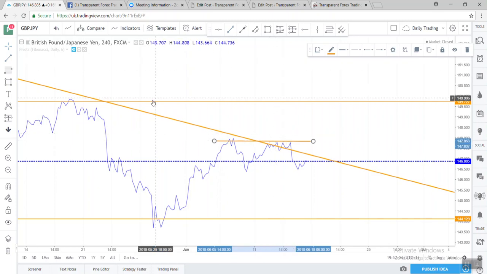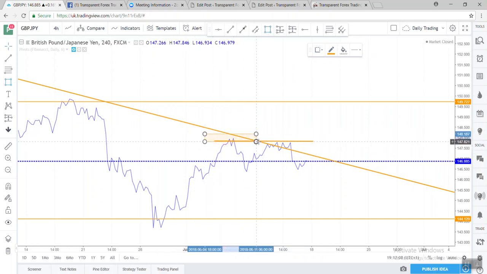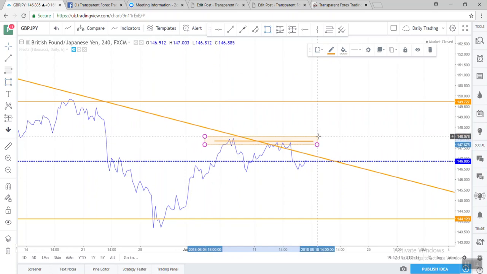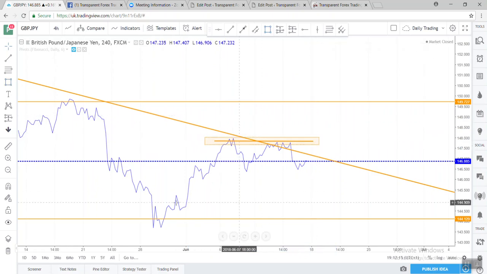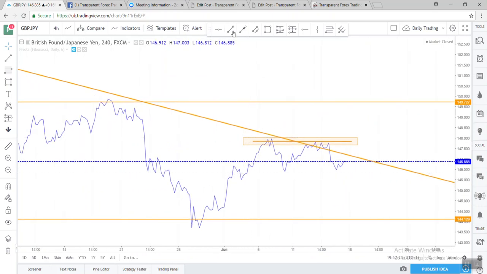So around that area, you could probably just draw a box, like so, because we haven't really got a trend line to speak of.